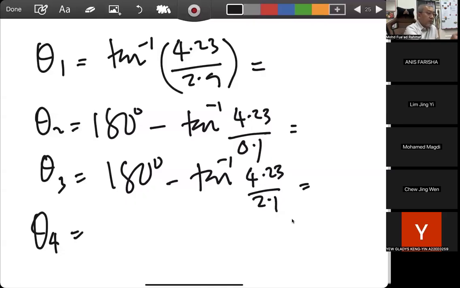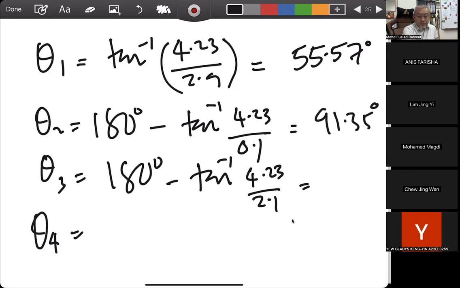55.57. Next, theta 2. Next 91.35. Next, 116.4. Thank you.